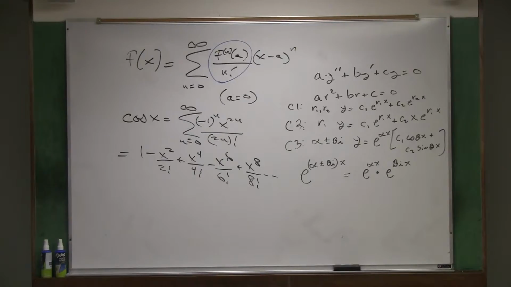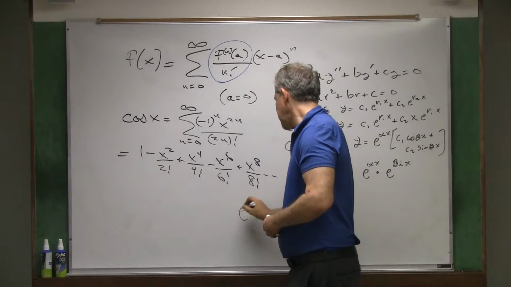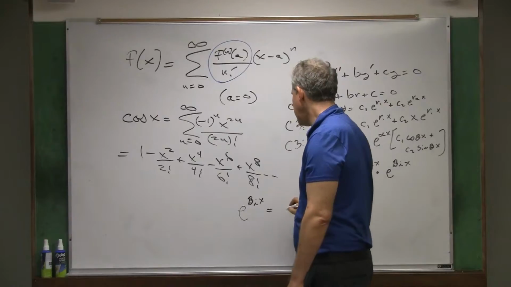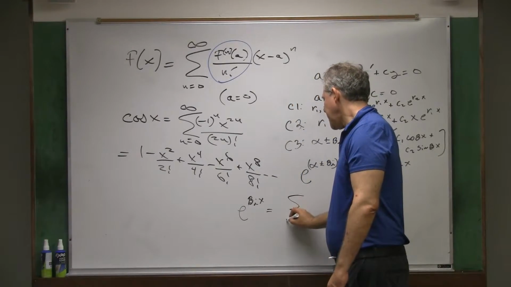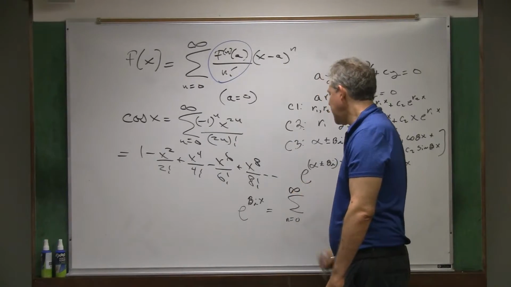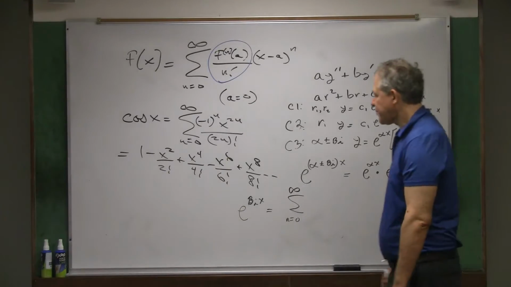So what's happening with that? Well, let's expand this as a series. Let's look at this e to the beta i x as a series. It's a series from n equals 0 to infinity. What can I do?